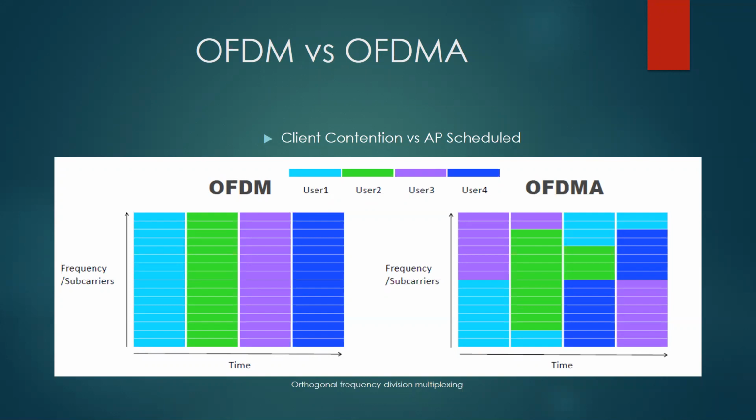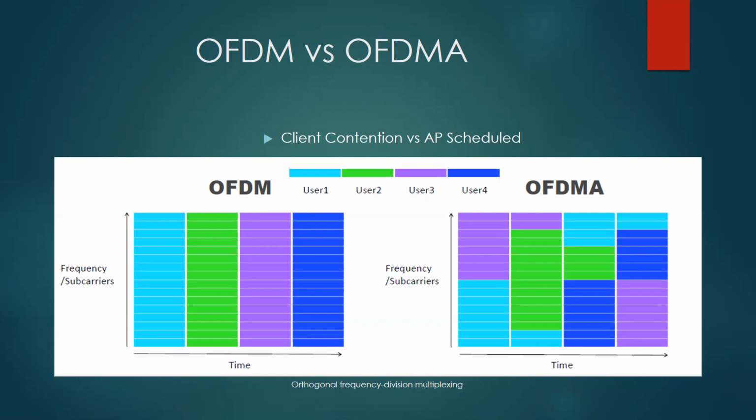Part of that is, you can see in the graphical there, the frequency that you're operating at. Let's say you're operating at channel 1 in the 2.4 gigahertz band. There are sub frequencies under that channel 1 that the APs and clients will operate on. In the old way, one user would take up an entire subcarrier section. In this example, there are 4 subcarriers, and each user is using up each subcarrier fully.